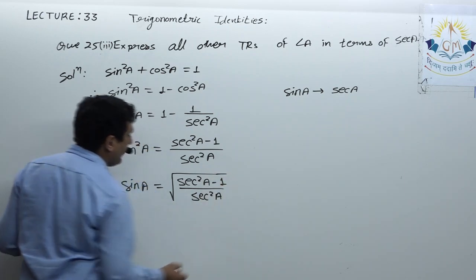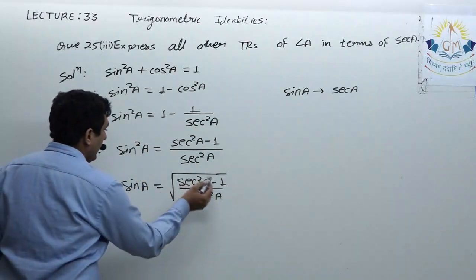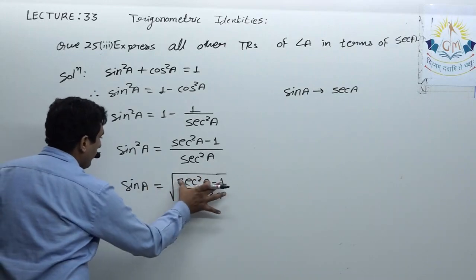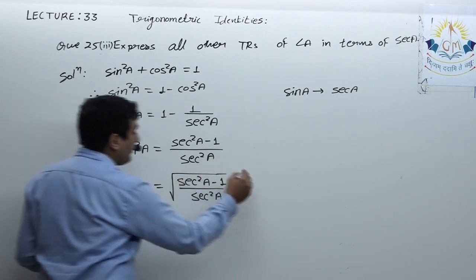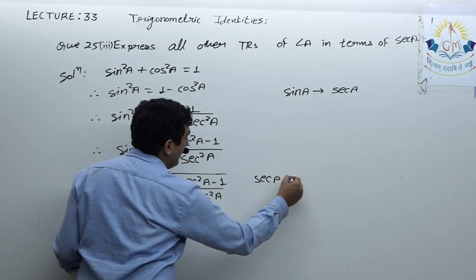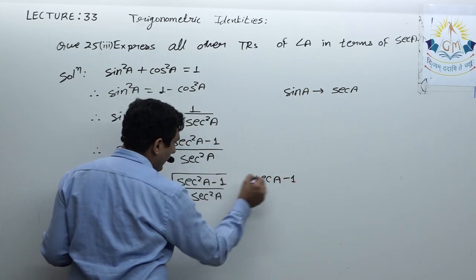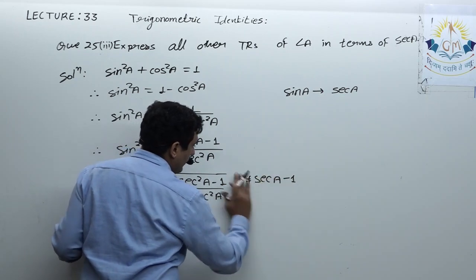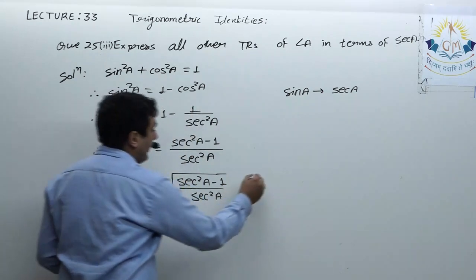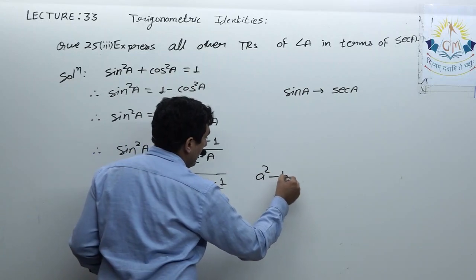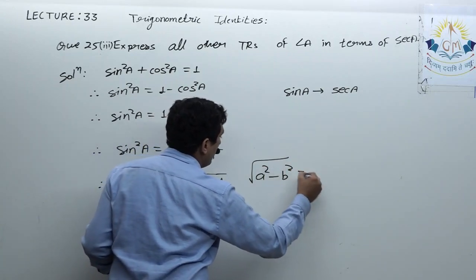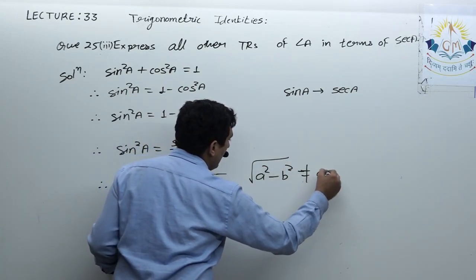At most what we can do is find its square root. Here it is not possible to find the square root of the numerator because this term is not a complete square. Do not write root of sec square A minus 1 as sec A minus 1. In other words, root of a square minus b square is not equal to a minus b.